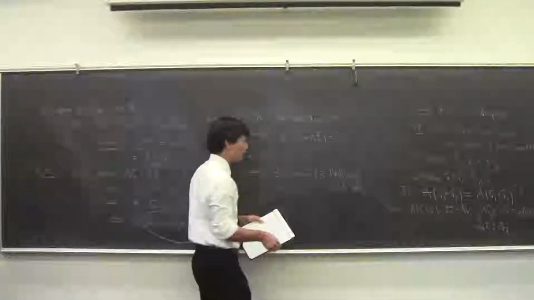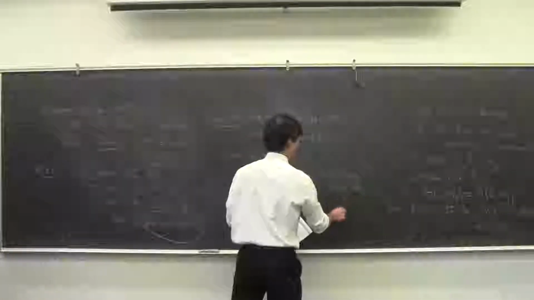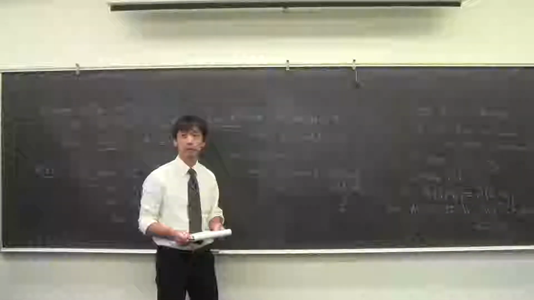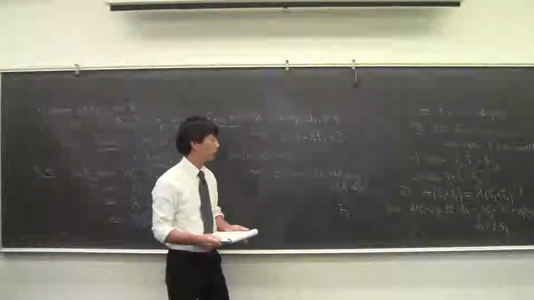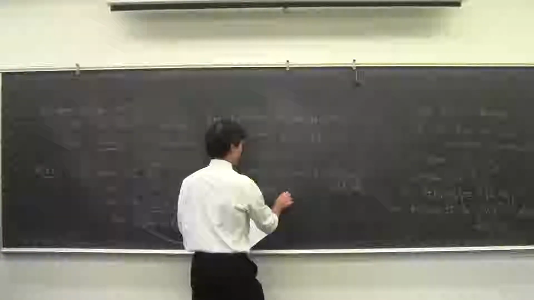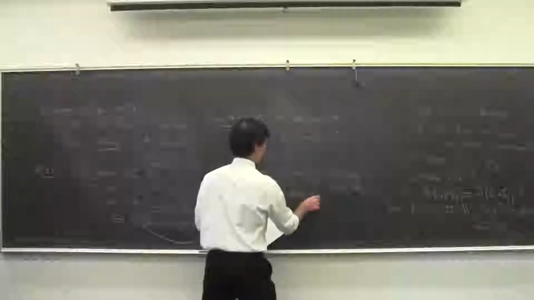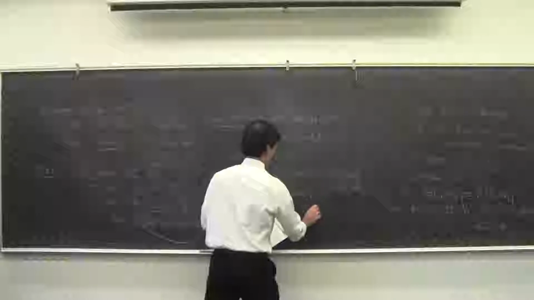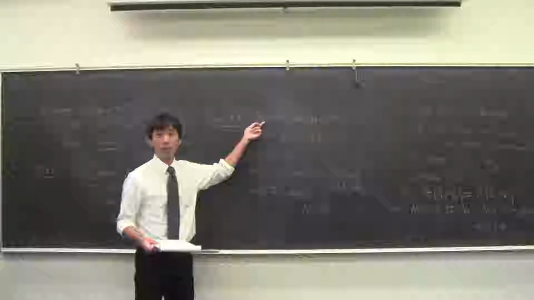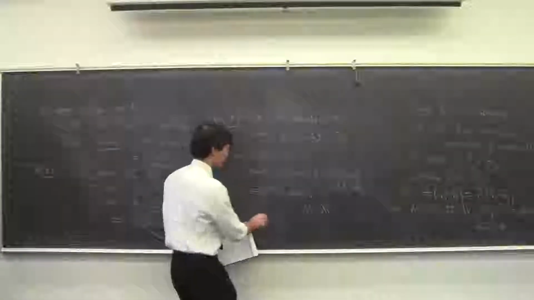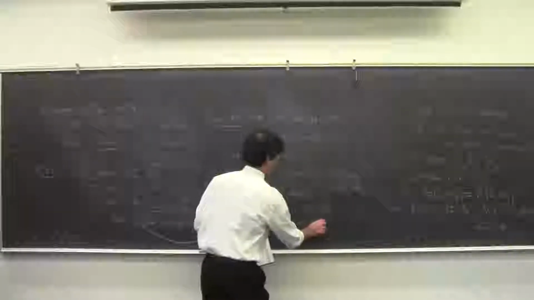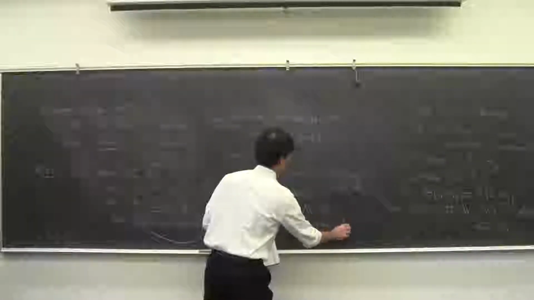But we just said that the null space of A minus lambda I is the set of eigenvectors. So what this is saying is that there's a non-zero V such that AV equals lambda V. But that's the same thing as saying that lambda is an eigenvalue.